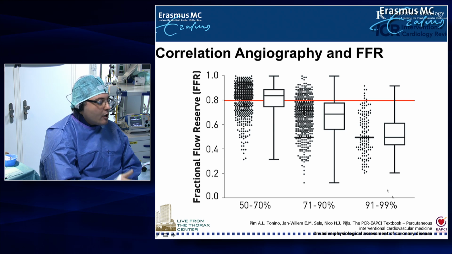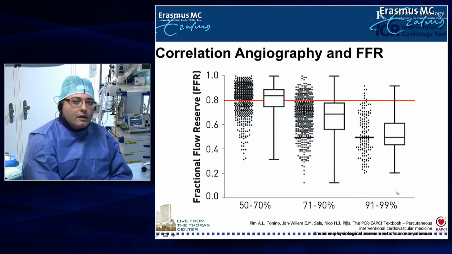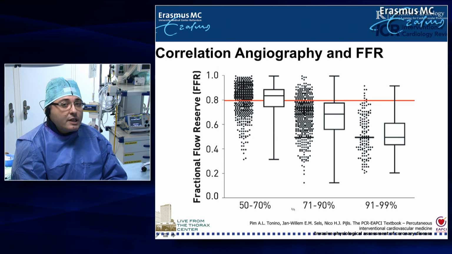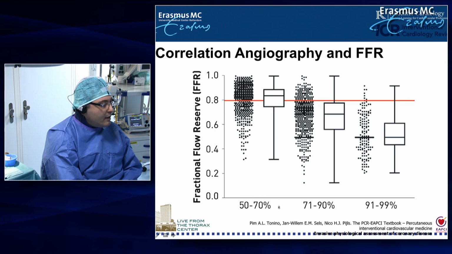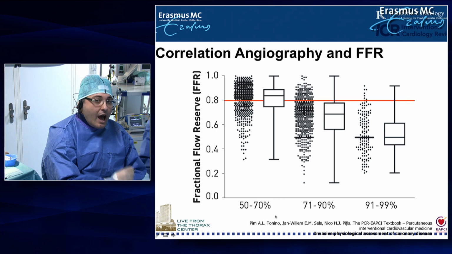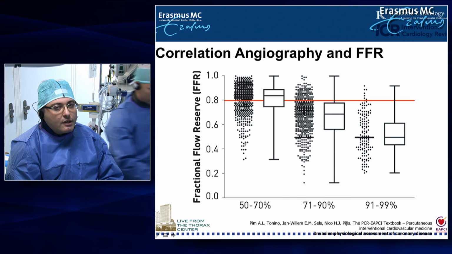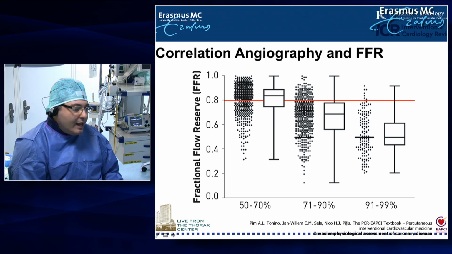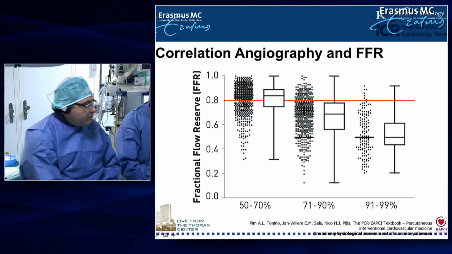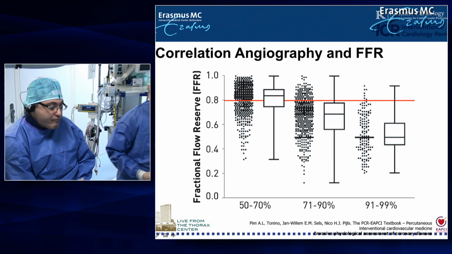But when we go back towards the lesions that are intermediate, our accuracy in detecting significance of the stenosis becomes less and less. So basically it has moved from 0.75 to 0.80, right?